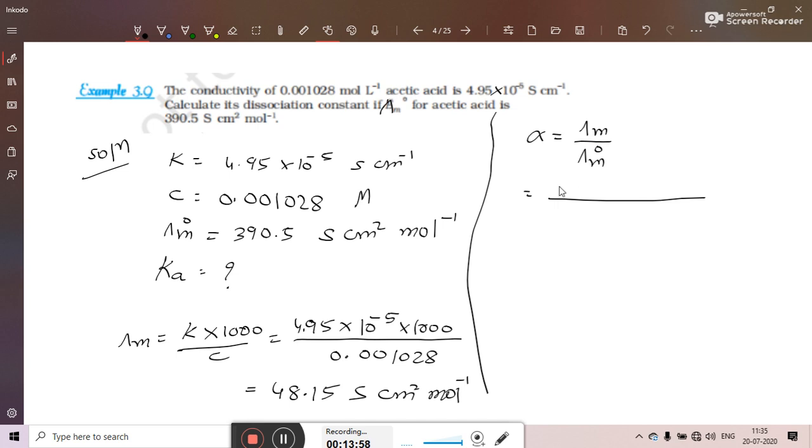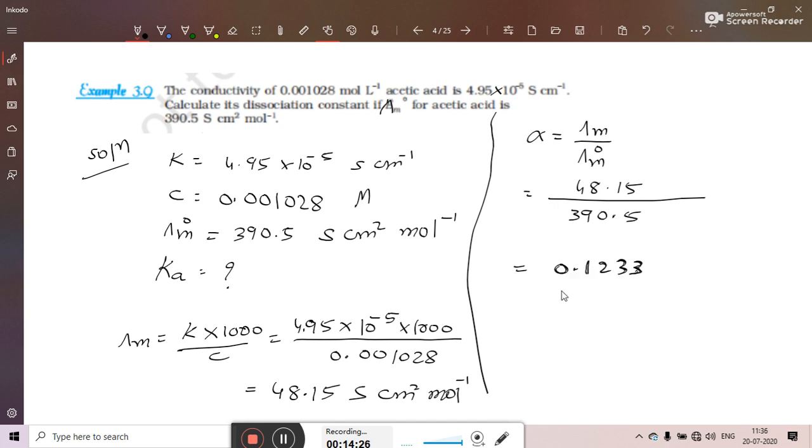So that is equal to 48.15, that is lambda m, divided by lambda m naught, that is 390.5. So that will be equal to 0.1233. And alpha is unitless, because the units of lambda m and lambda m naught are the same. So the answer of alpha is 0.1233.